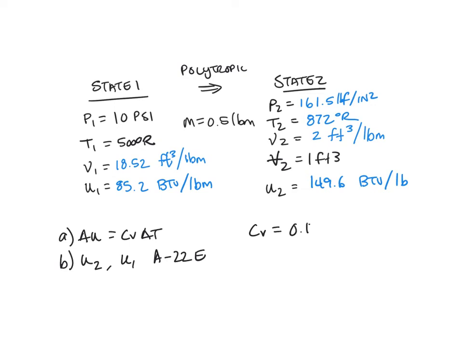And we can get this out of A20E. So in A20E, we looked this up at 500 degrees Rankine. So you could do the average, or you could use this value. In this case, this was the value that made sense to use based on the way the constraints in the table.